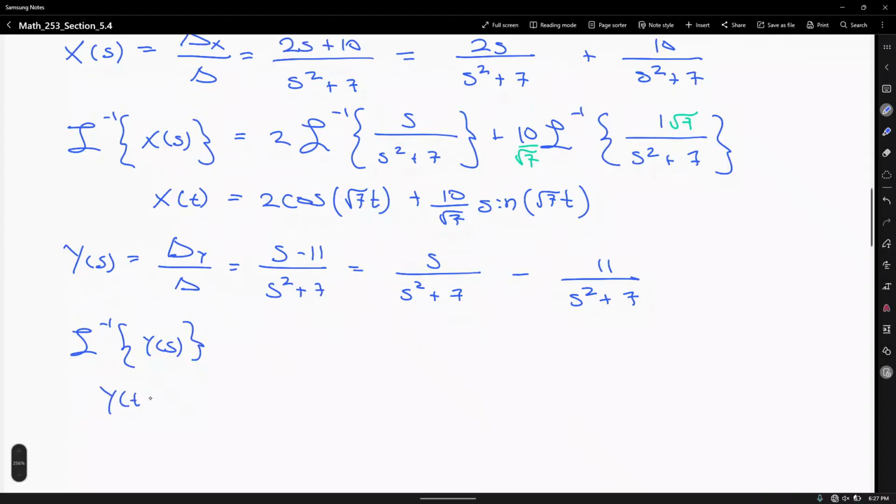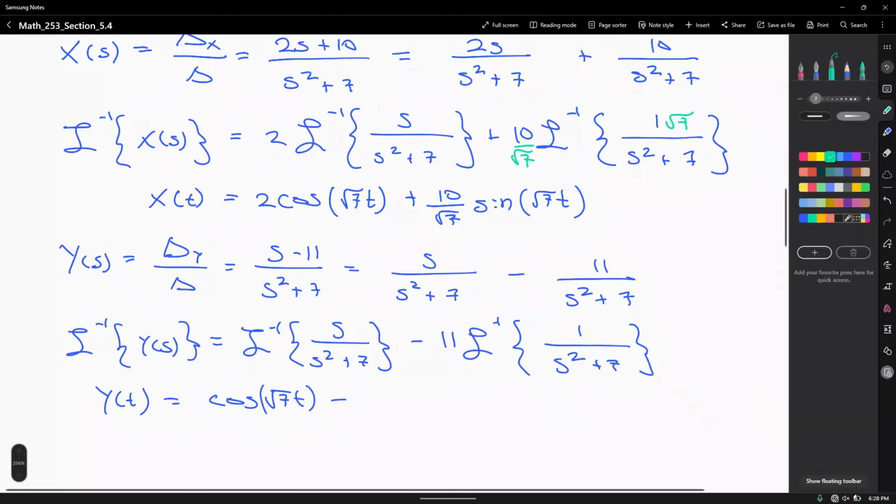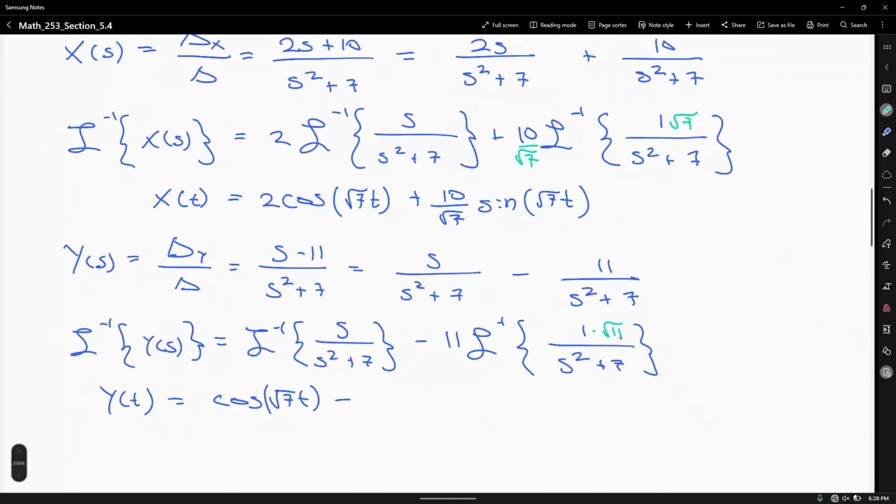So the inverse Laplace of s over s squared plus 7 minus 11 times the inverse Laplace of 1 over s squared plus 7. The first one again is cosine of square root of 7 times t minus, again we need to make our wish come true. Multiply by a root of 7, divide by root of 7.